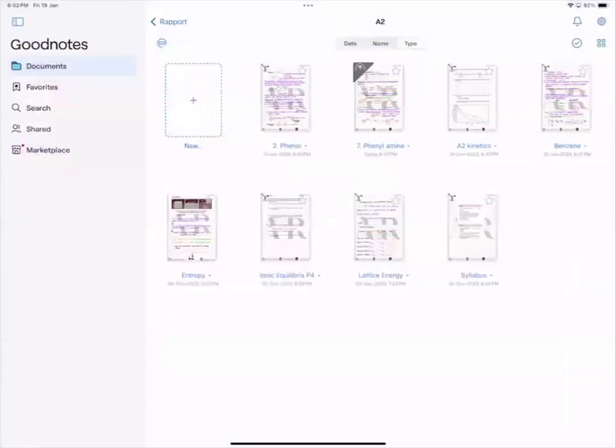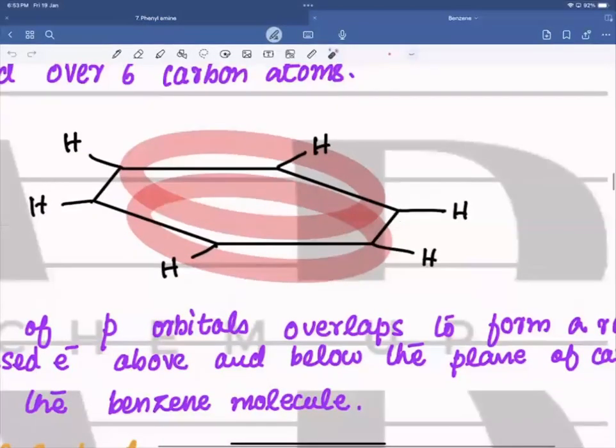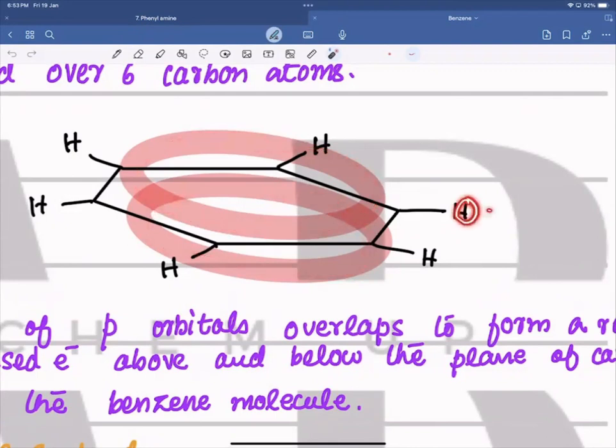Now have a look at the structure of benzene first, so it will be more understandable. This pi ring means that there are 6 electrons, right? Now think, if here we got an OH group, this oxygen has 2 pairs of electrons.